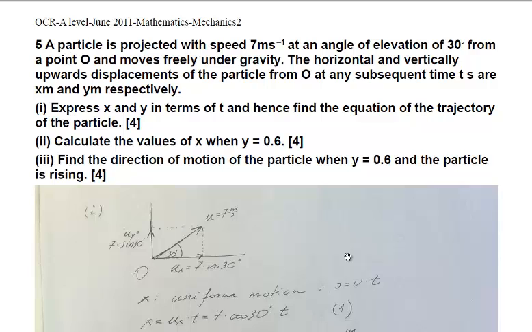The horizontal and vertically upwards displacements of the particle from O at any subsequent time t seconds are x meters and y meters respectively. Express x and y in terms of t and hence find the equation of the trajectory of the particle.